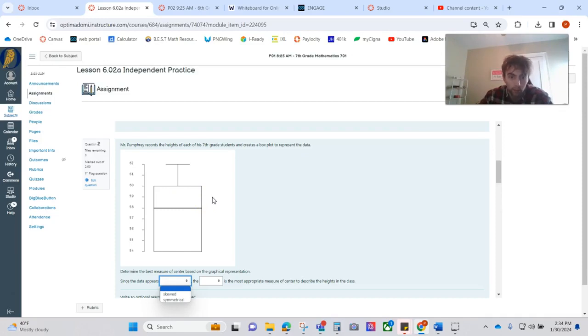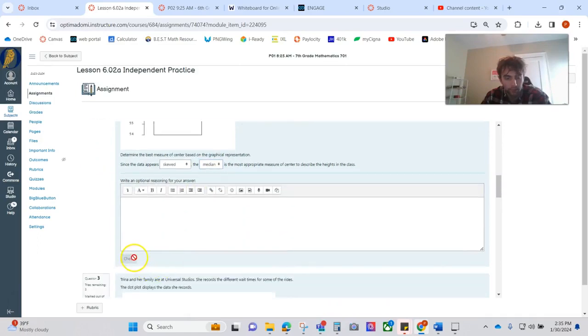But some lumpy, weird rock, no, not symmetrical. This, not symmetrical, because there's no whisker on the other side of this box plot, so it looks skewed. And mean is the best measure of center, except when your data is weird. Then I think it's median. But we'll see if I'm wrong.